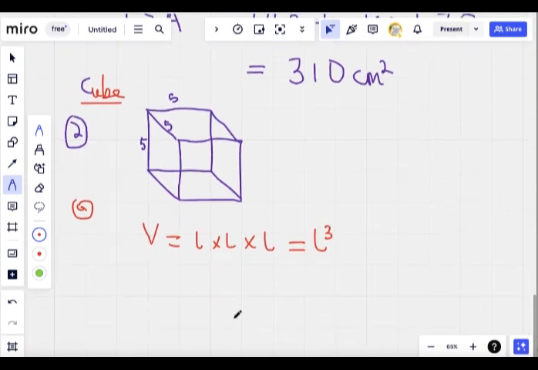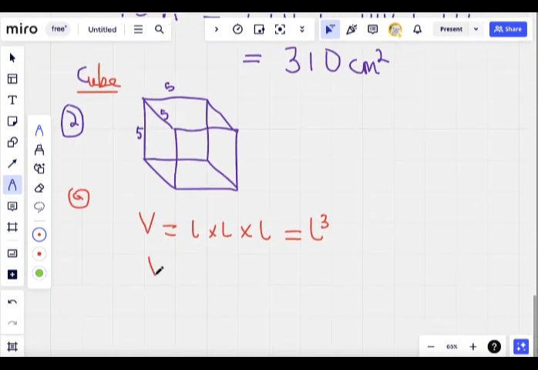So the volume, for a cube, you can simply say V is equal to L to the power of 3. Even if you don't say L to the power of 3, you just say length times width times height, you still get 5 times 5 times 5, which is the same as 5 to the power of 3.